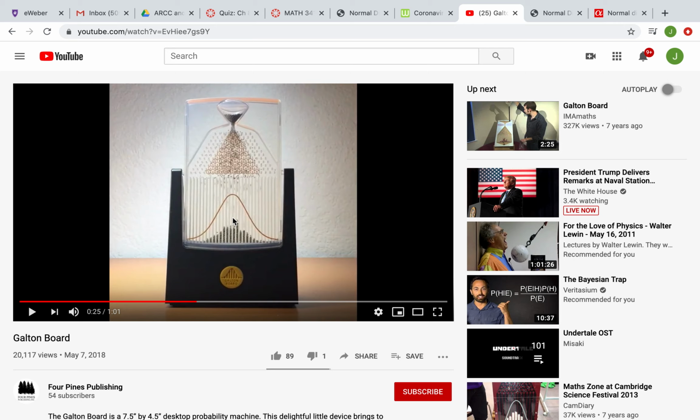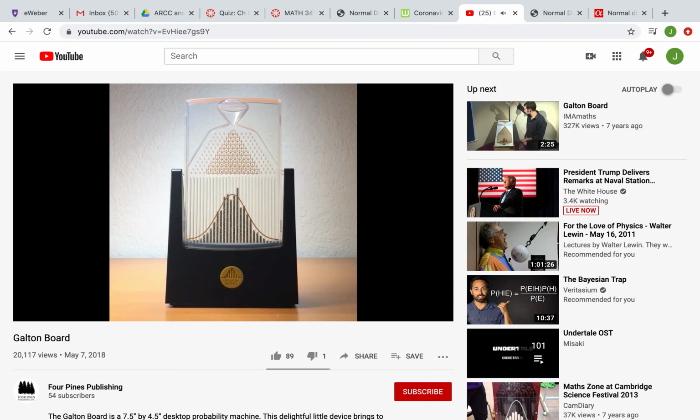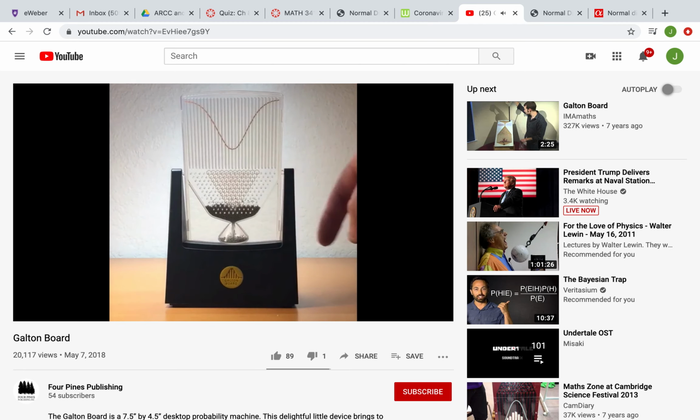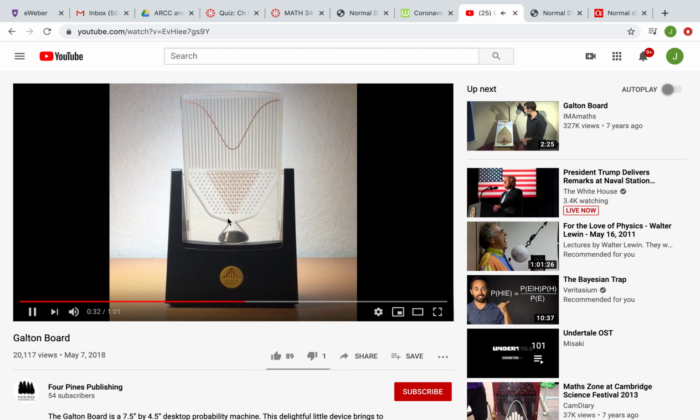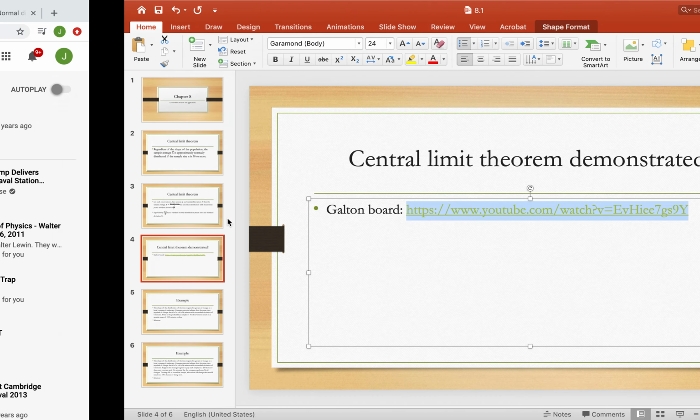But the most central tendency of the path of these balls is directly under where they're being dropped, making this nice normal distribution. Okay. So that's just a little bit of a demonstration of the normal distribution. If you want to watch the rest of that, you can do that on your own time.